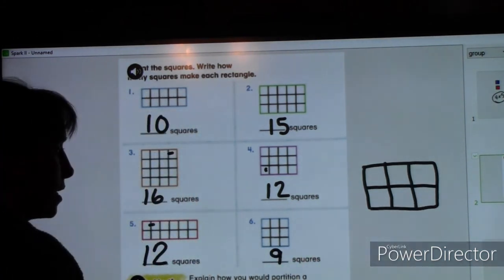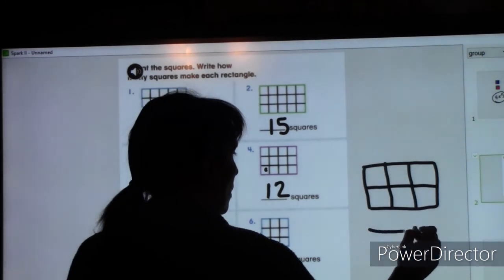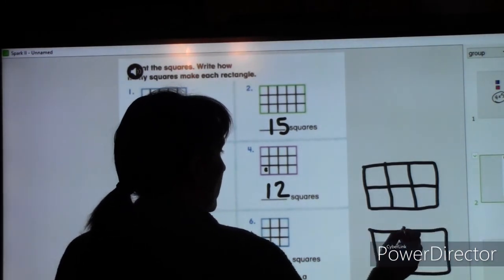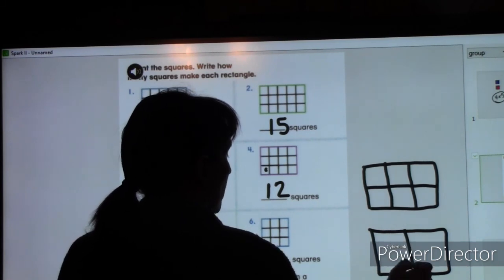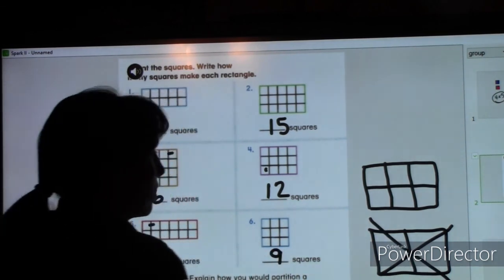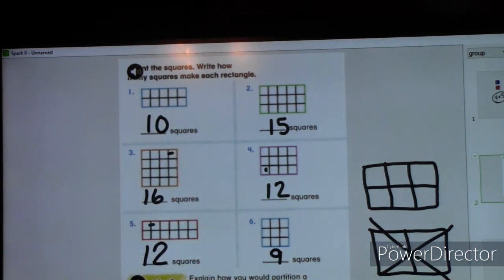That would be 6 equal squares. We could also divide it in half this way. Of course, then we don't end up with squares, so never mind. That would give us 6 equal squares.